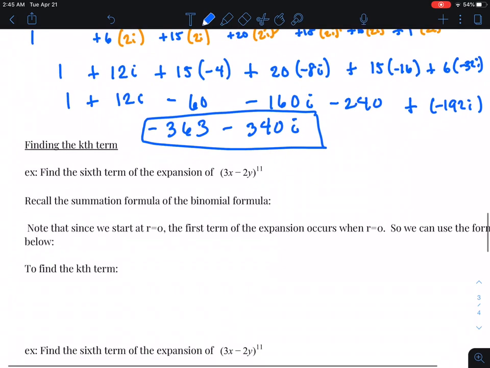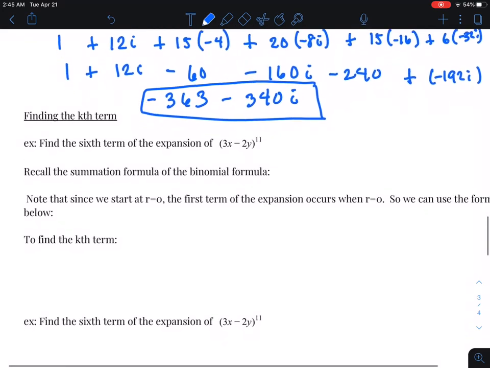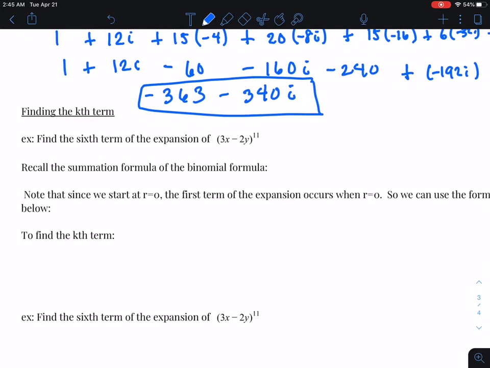All right, last one right here, finding the kth term. Okay, so we want to find the sixth term of the expansion 3x minus 2y, all that quantity to the 11th power.